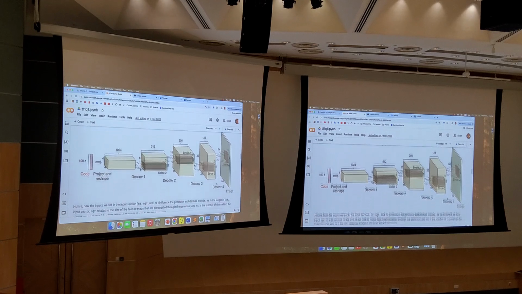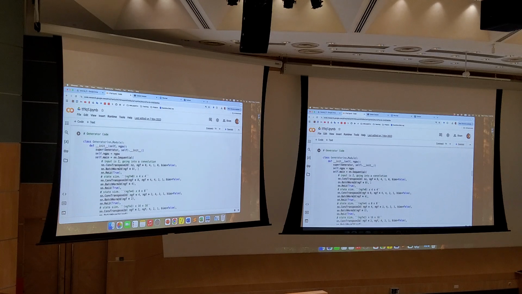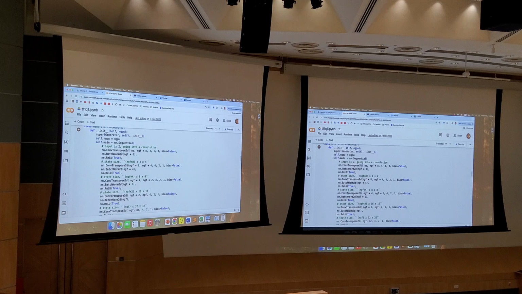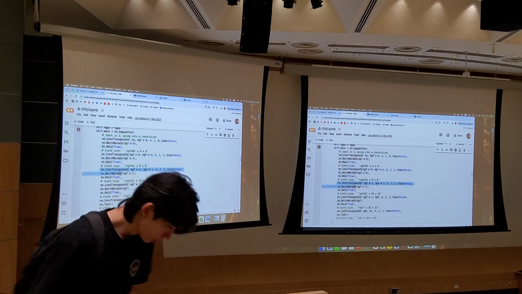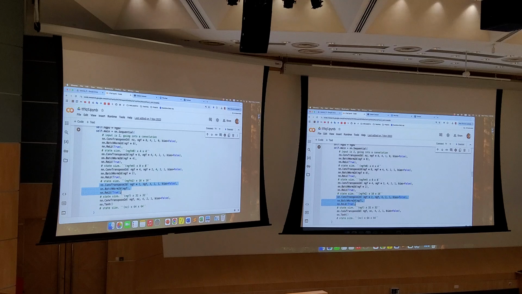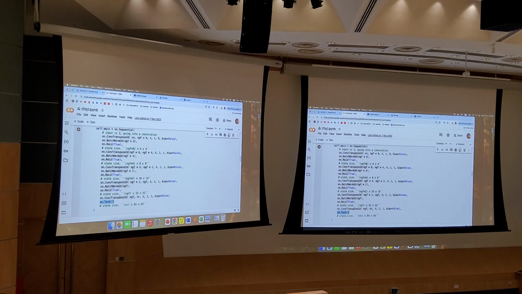This is the diagram, and if we turn it into our class definition, that's what we have. You can see that there are multiple ConvTranspose2d layers followed by BatchNorm2d and ReLU. We have a series of these combinations until we reach the final layer that ends with a tanh function.